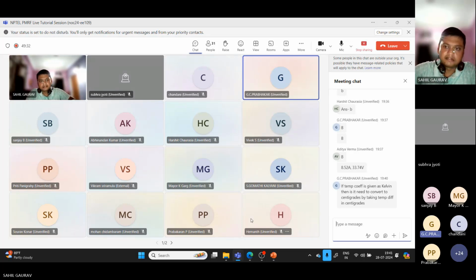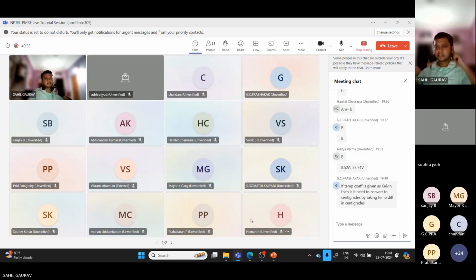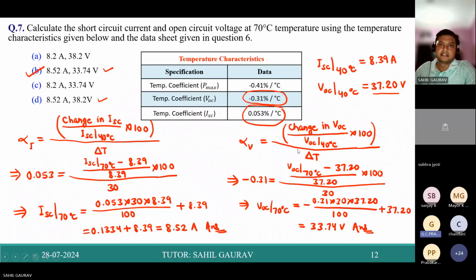Here the instructor has not converted. In the data here, it is given per degree Celsius, so you don't need to convert.